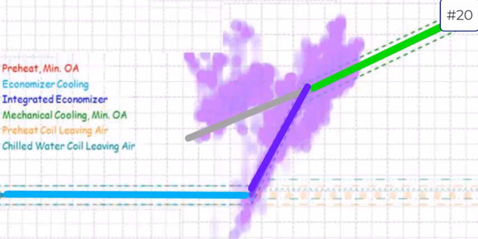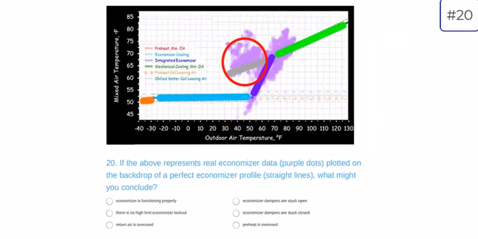Where we hang on that minimum air line indicates that we're overusing return air. So these plots are very helpful to quickly identify a problem with the economizer visually, as well as the diagnosis for what that problem is.